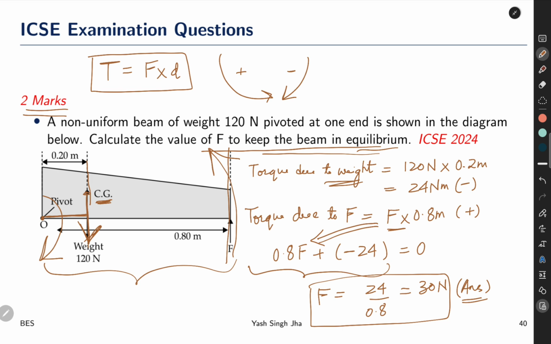If the body is in equilibrium, the summation of all the torques on the body should be 0. So we took the torque due to weight and torque due to F, the only two forces acting on it, summed them and equated to 0. From there we attained F.